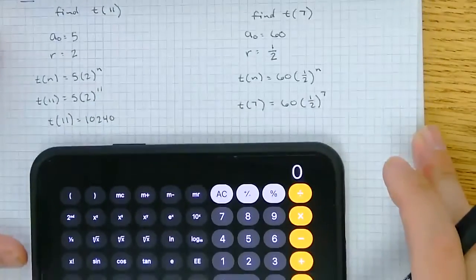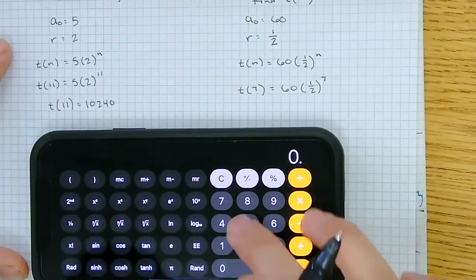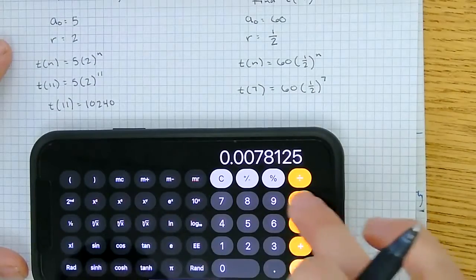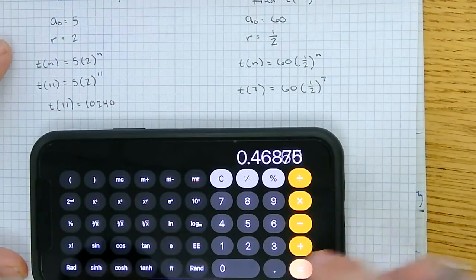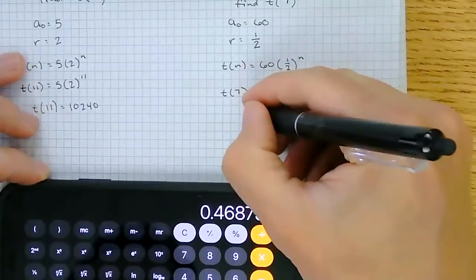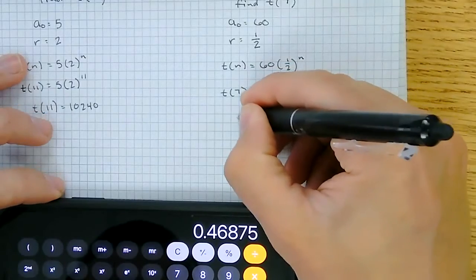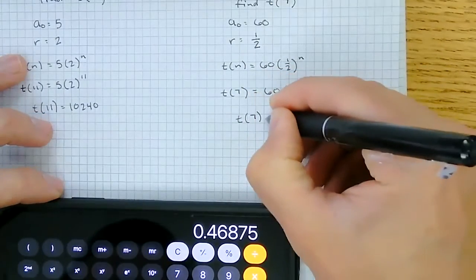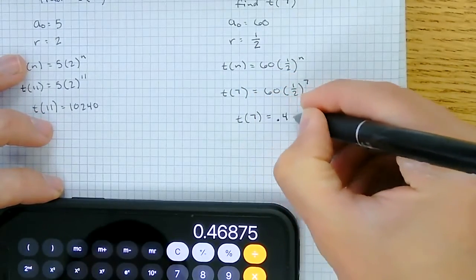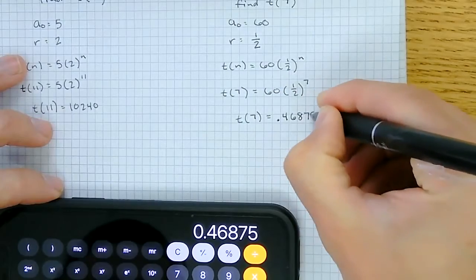So to find the 7th term, we should get 0.46875.